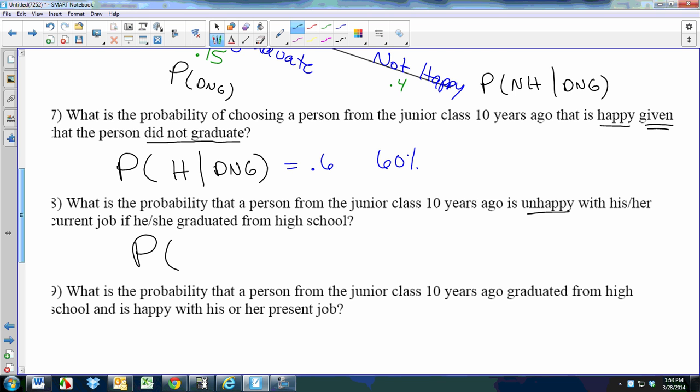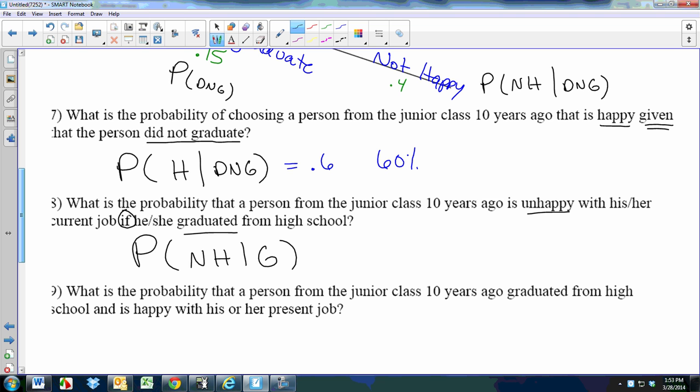Not happy if graduated. So what symbols are you going to use? NH. Now, oh, good. The word if, it didn't say given, right? But what does it mean when it says if he or she graduated? It means given, doesn't it? Okay, so vertical bar, graduated.